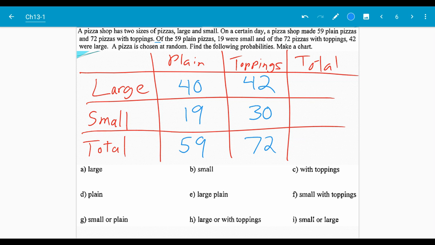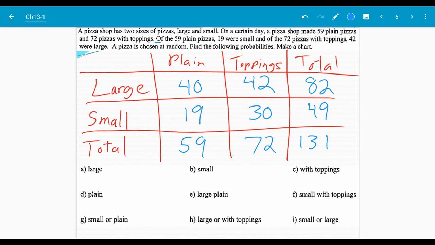And we can add horizontally to get our totals. We have a total of 82 large pizzas, a total of 49 small pizzas, and add vertically or horizontally here. Carry the 1, 131 total pizzas.